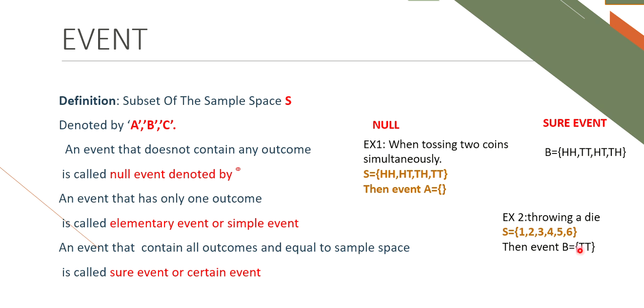That event is a simple event or an elementary event, you can tell it. Okay, so this is about the event. If they ask for 2 marks, then you can write it.